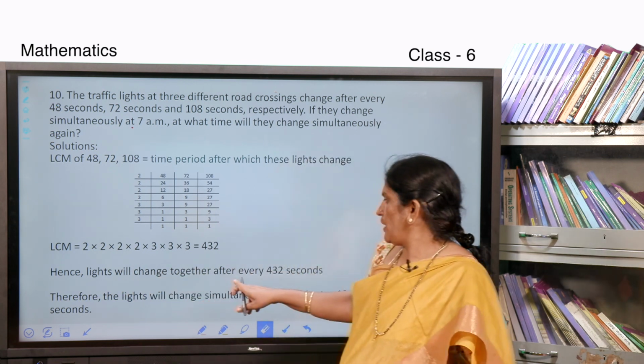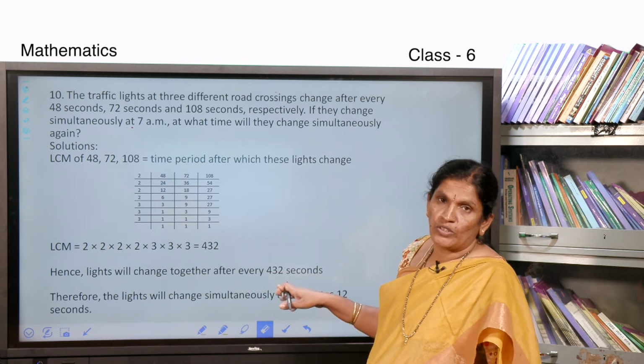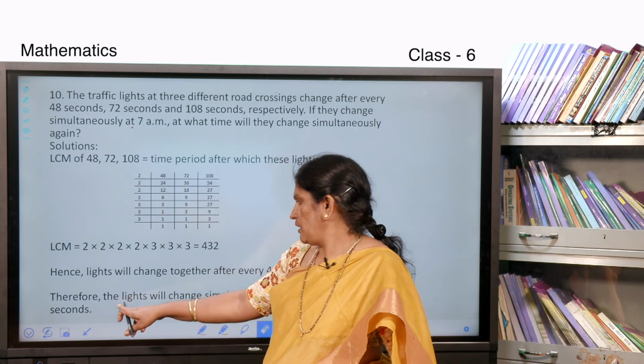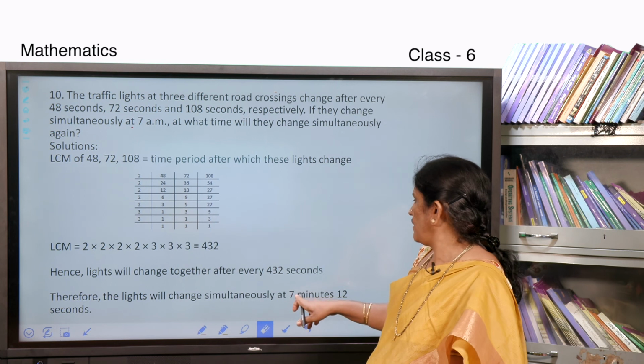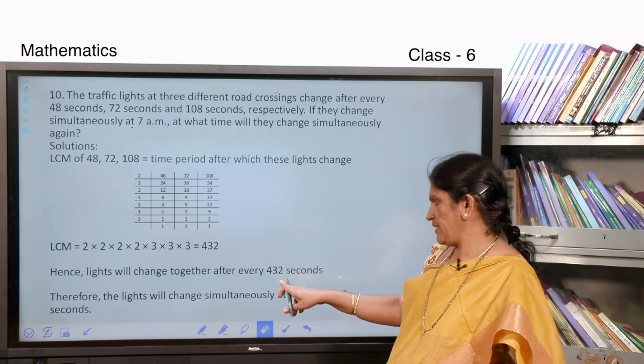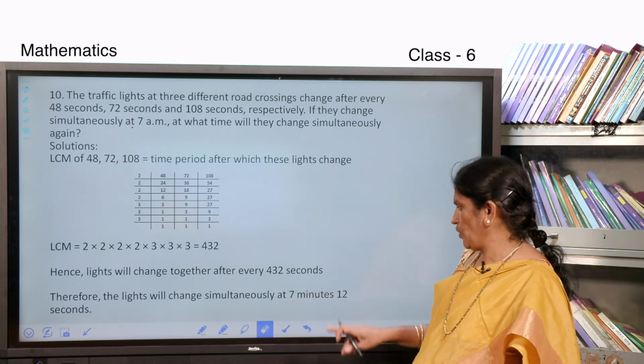Lights will change together after every 432 seconds. These seconds we need to convert into minutes. Divide this 432 by 60, we get 7 minutes 12 seconds. Therefore, the lights will change simultaneously again after 7 minutes 12 seconds.